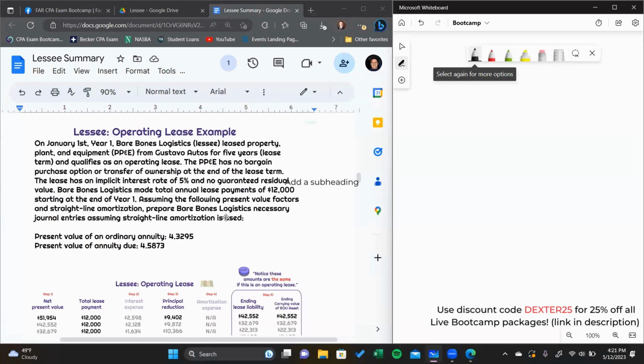That's an ordinary annuity because the payments are being made at the end of each period. Annuity dues are recurring payments once again, but the payment comes at the beginning of the period instead of the end. Now, it's very important that you pay attention to the timing of payments, especially for leases. With bonds, it's not very common to see interest payments at the beginning of a period because interest is typically paid once it's been accrued, right?